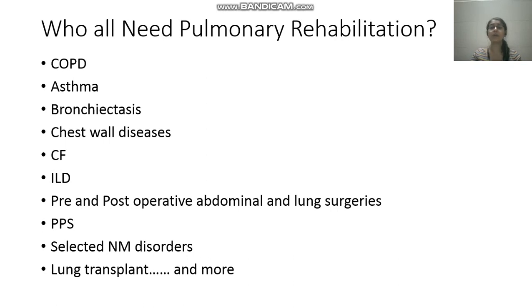You all know what effect it has on your respiratory system, and thus every patient after the surgery will require not pulmonary rehabilitation as a whole, but a little pulmonary management and breathing exercises, as we know.